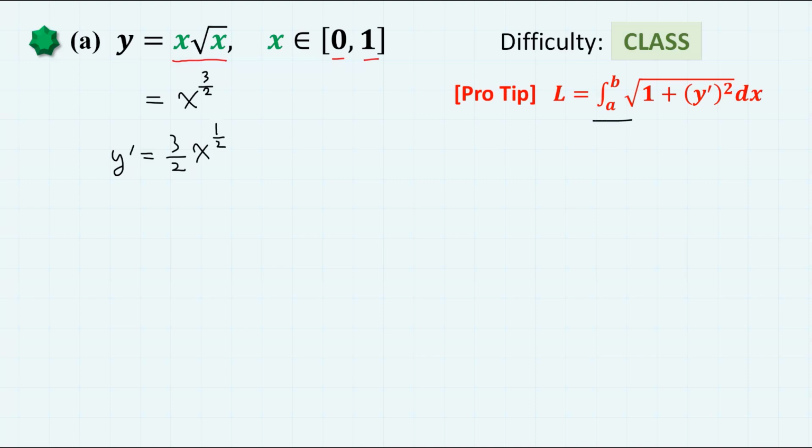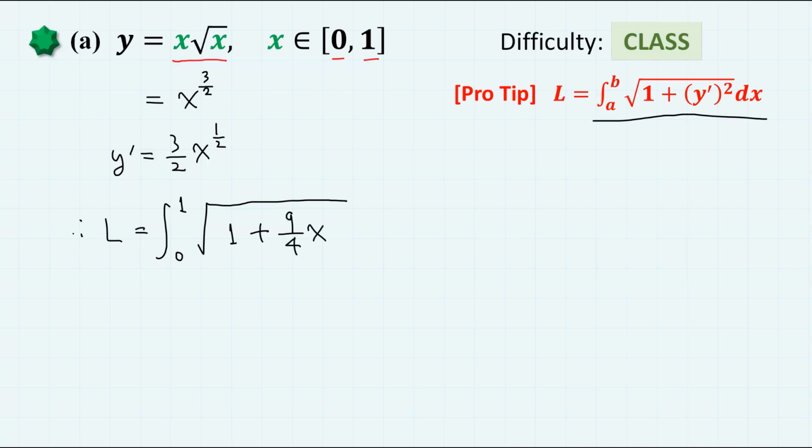So directly applying our formula for the length of the curve, the length L is given as the integral from 0 to 1 of the square root of 1 plus the square of the derivative, hence 9 over 4 times x. This can be written as the integral of (1 plus 9 over 4 x) raised to the power of 1/2.